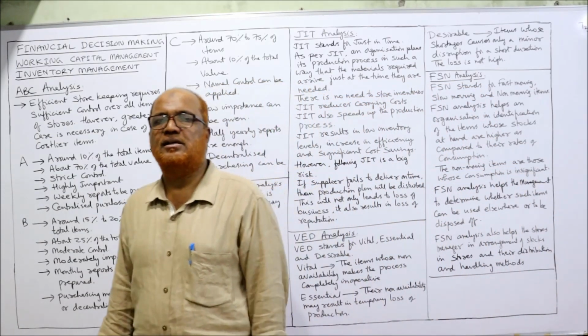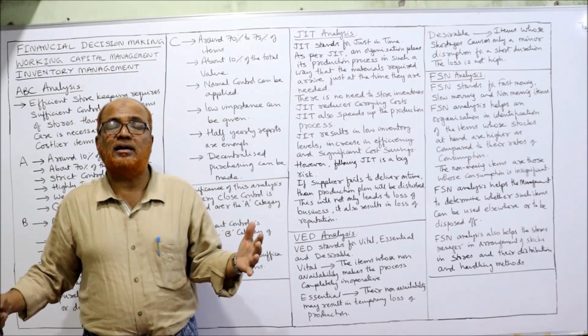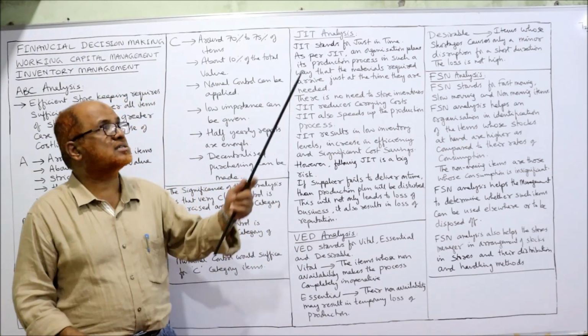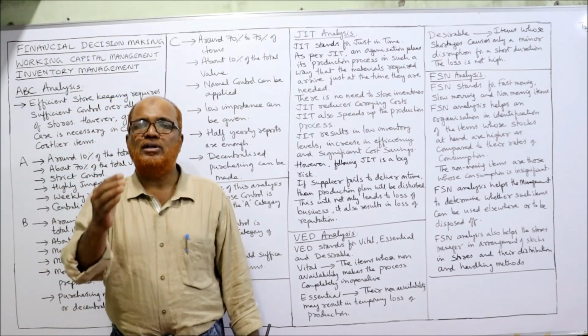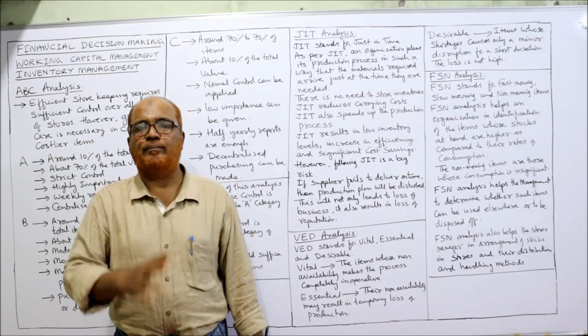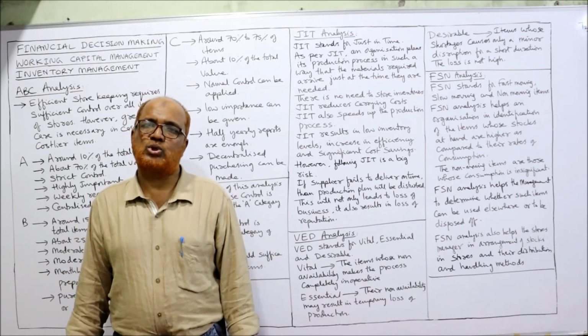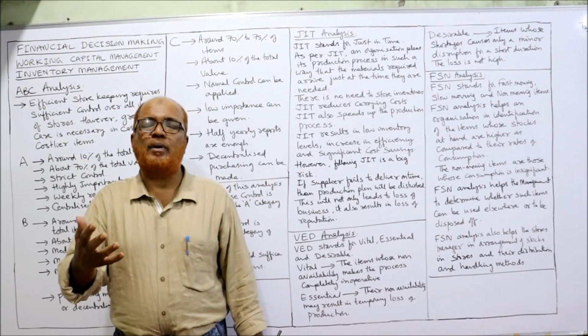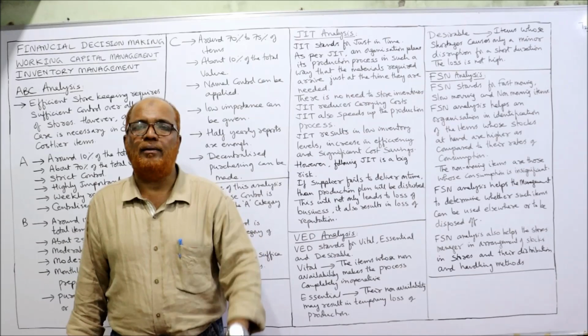ABC analysis. The next technique, which is a very unique technique of inventory management, is JIT. JIT stands for just in time. Actually, this technique is a Japanese approach. In Japan, they have developed this method where inventory will not be held.